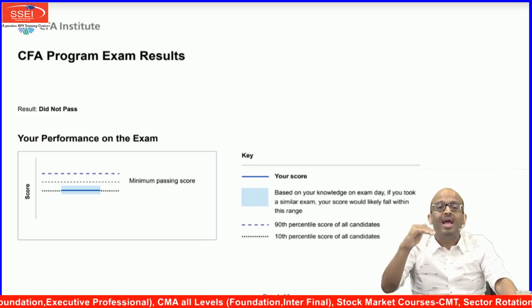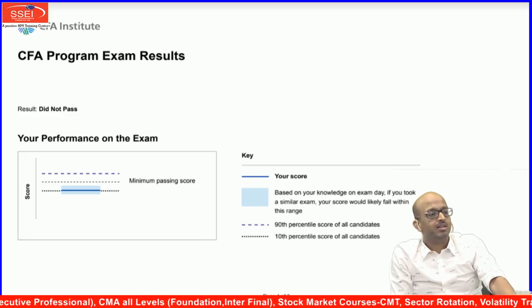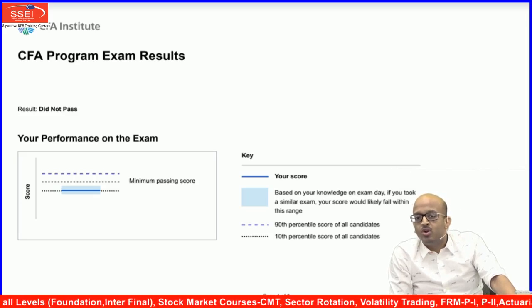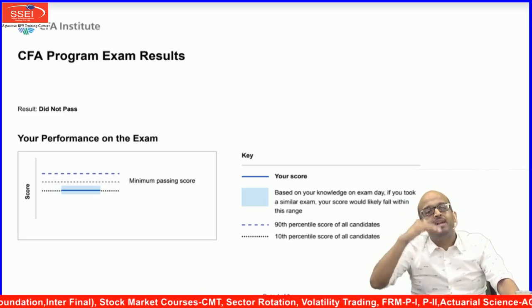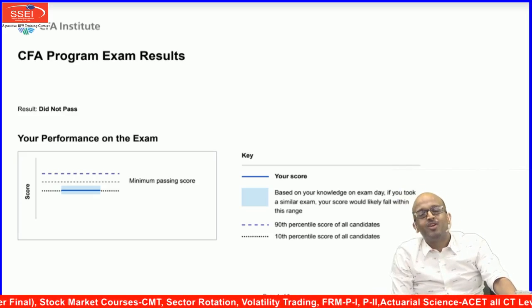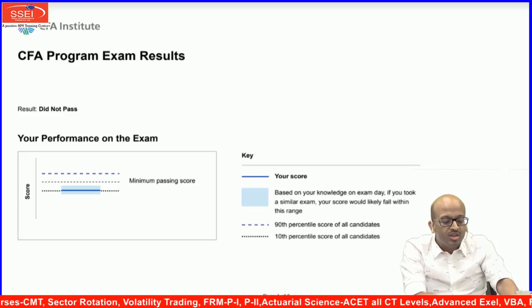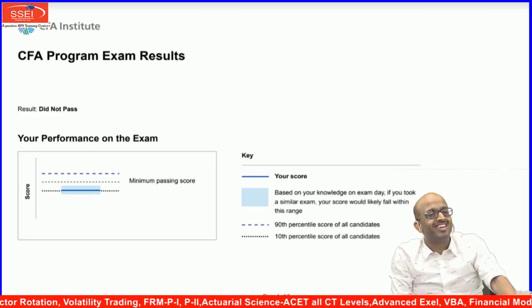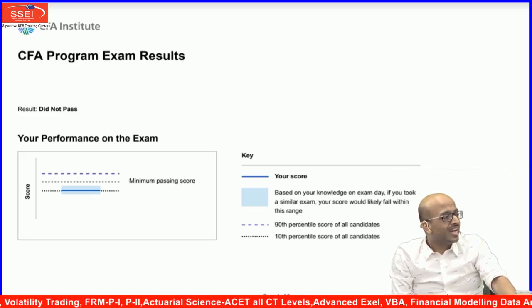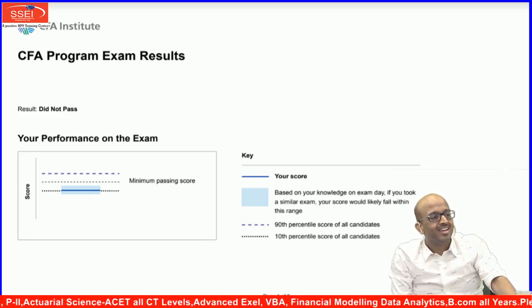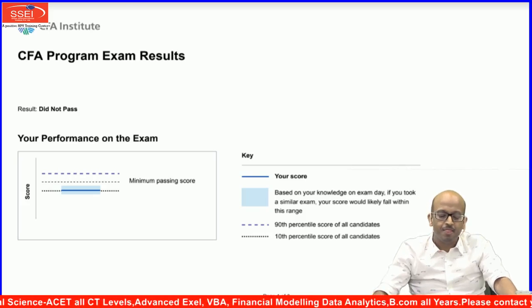Your marks are the blue line plus minus something. You understand? They are very, very fair. They are trying to say on that day, yes, you were not good. It's okay. You could have been a little better. So we'll consider that you could have scored, but even the sky blue line is not touching the minimum passing score. It's a pathetic performance, na?